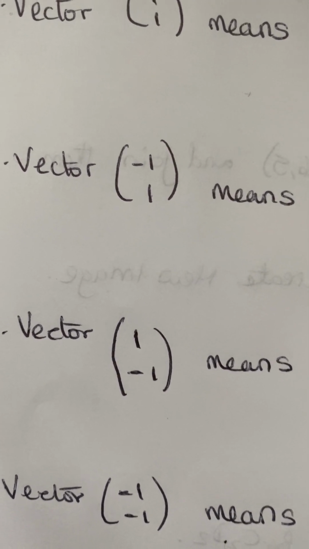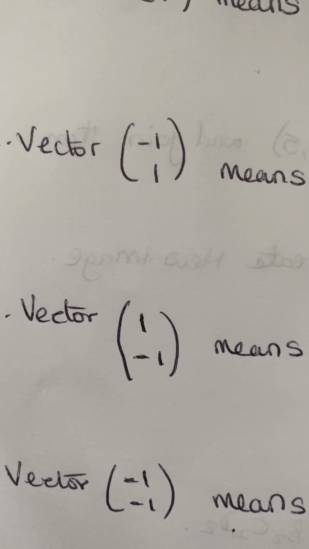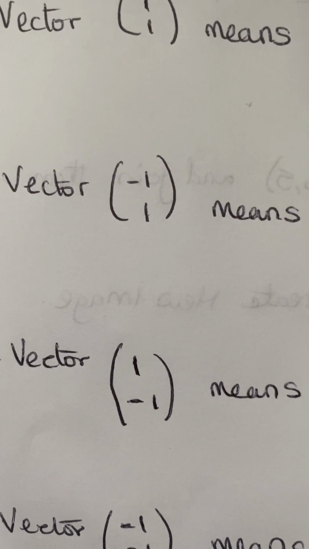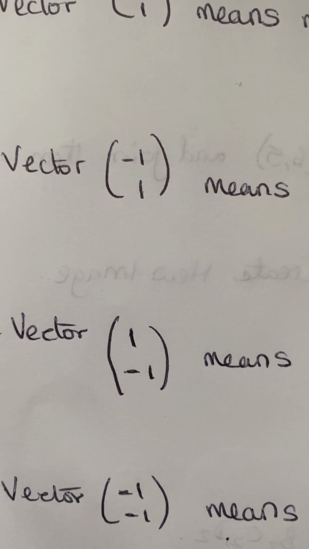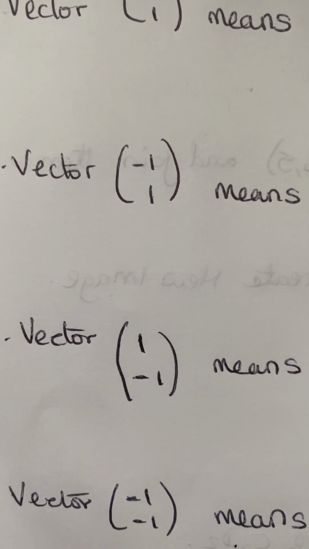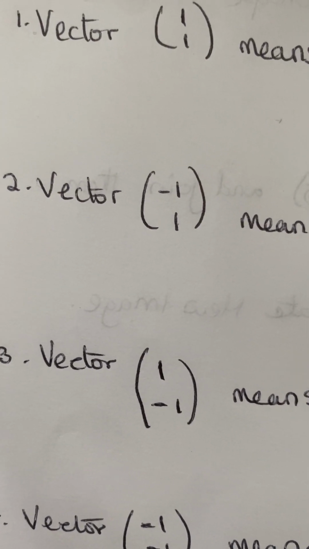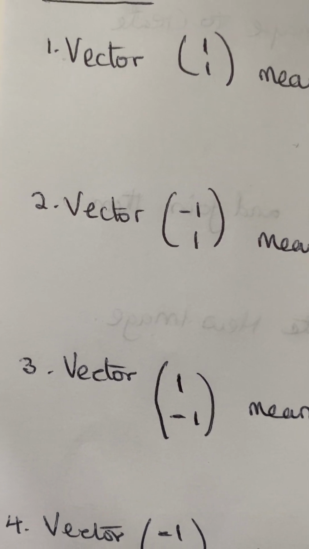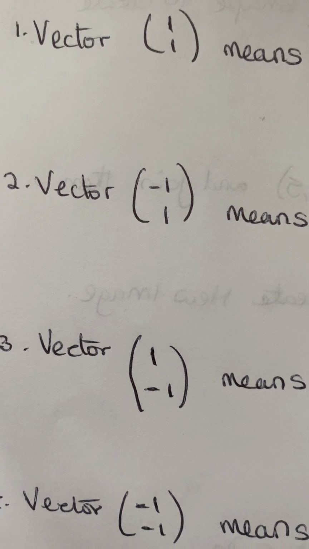So what it actually means is, for the x coordinate, if it's minus, then you are going to move left. If it's plus, then you are going to move right. That is for the x coordinate.